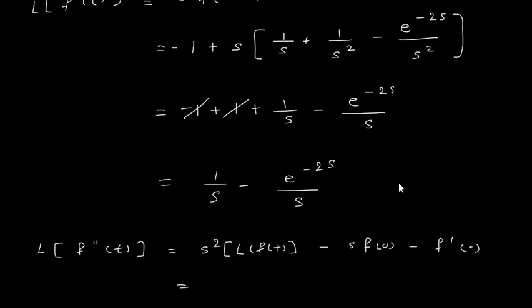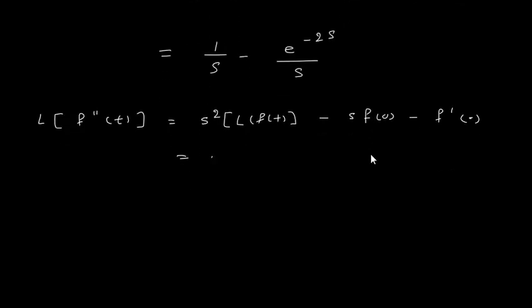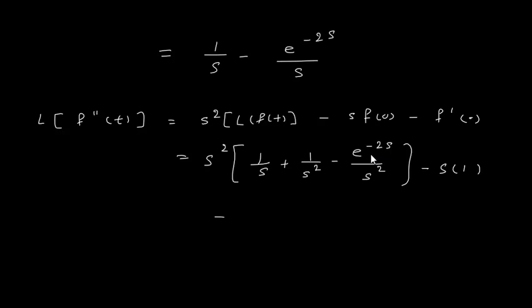So here I have s square into 1 upon s plus 1 upon s square minus e power minus 2s upon s square, minus s into f of 0, which is 1, minus f dash 0.